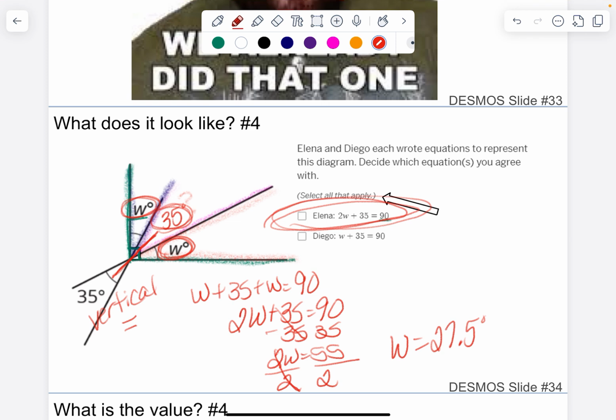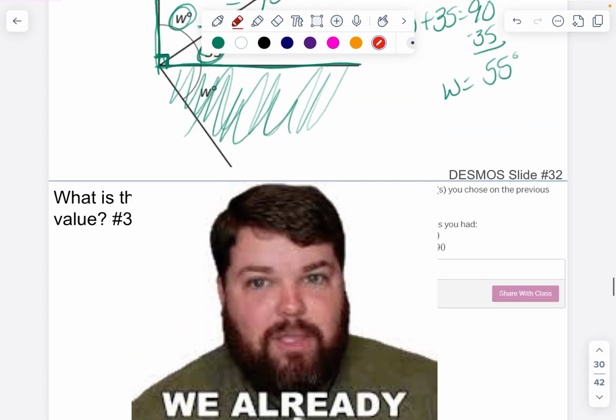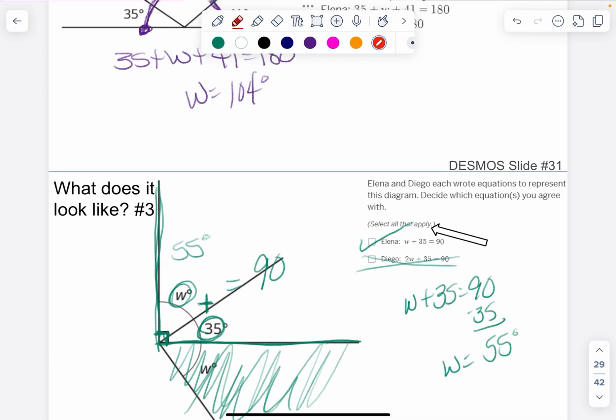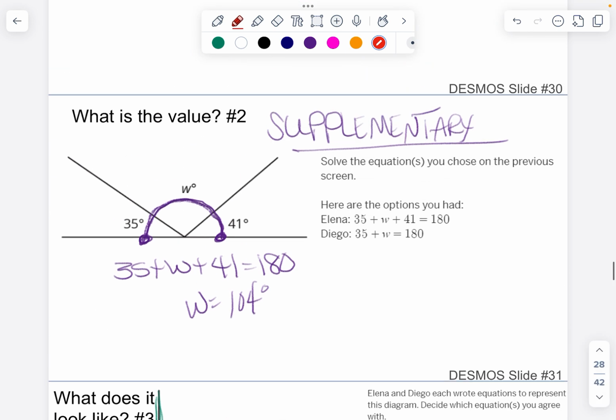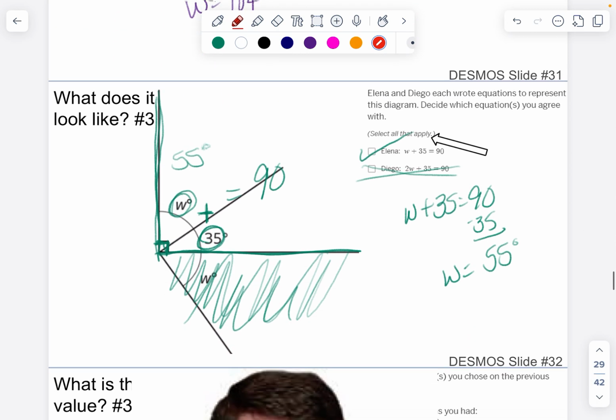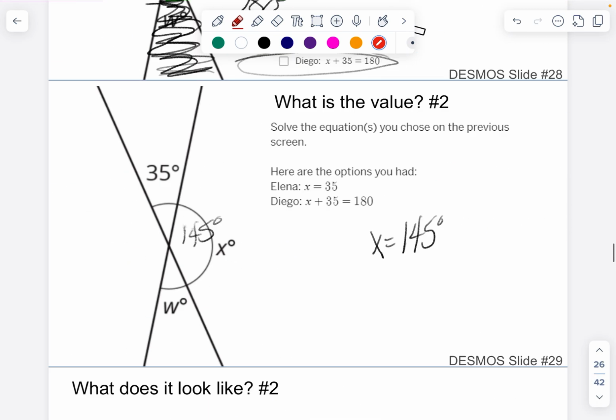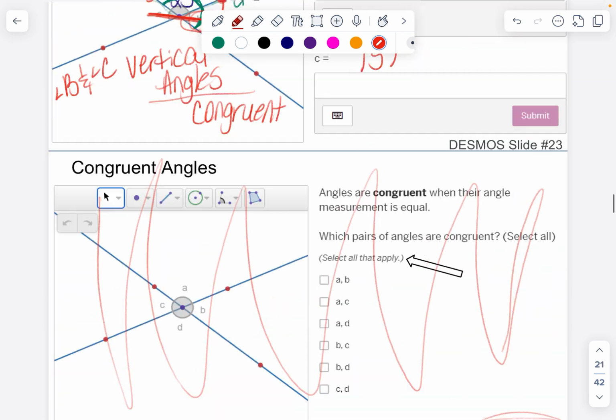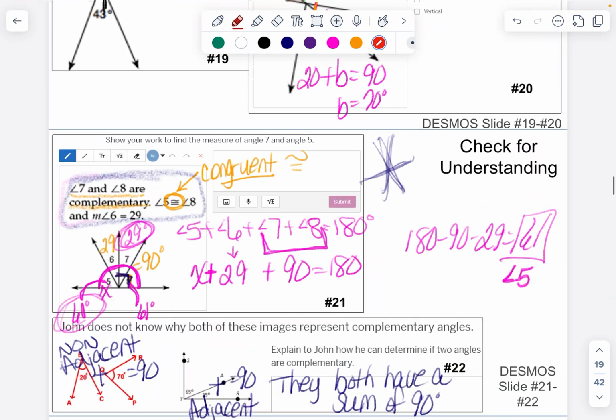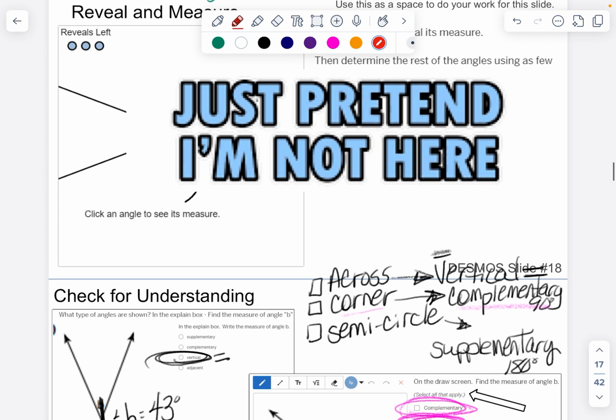And that is supplementary, complementary, vertical, adjacent. Make sure you understand all that vocabulary and kind of what we're doing here. Like I said, go back and watch it again. Watch me work them. They're not that hard to do. I think the best thing to help you is right here.